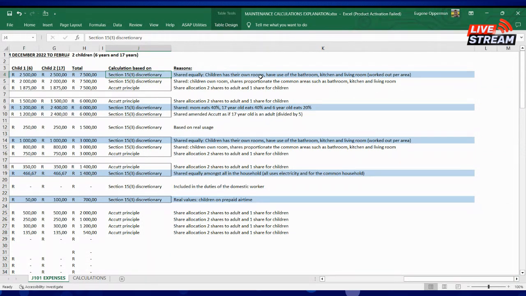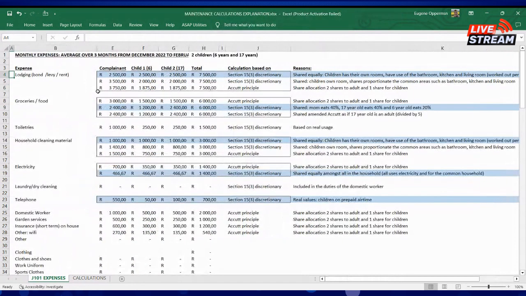So if we work that out per square meter or per area, then it could be considered fair that each and every child needs to pay their share, or it should be shared equally. If one does that, it means that you take the 7,500 Rand, the total amount, and you divide it by 3, and each party, the complainant and both children, each pay 2,500 Rand.